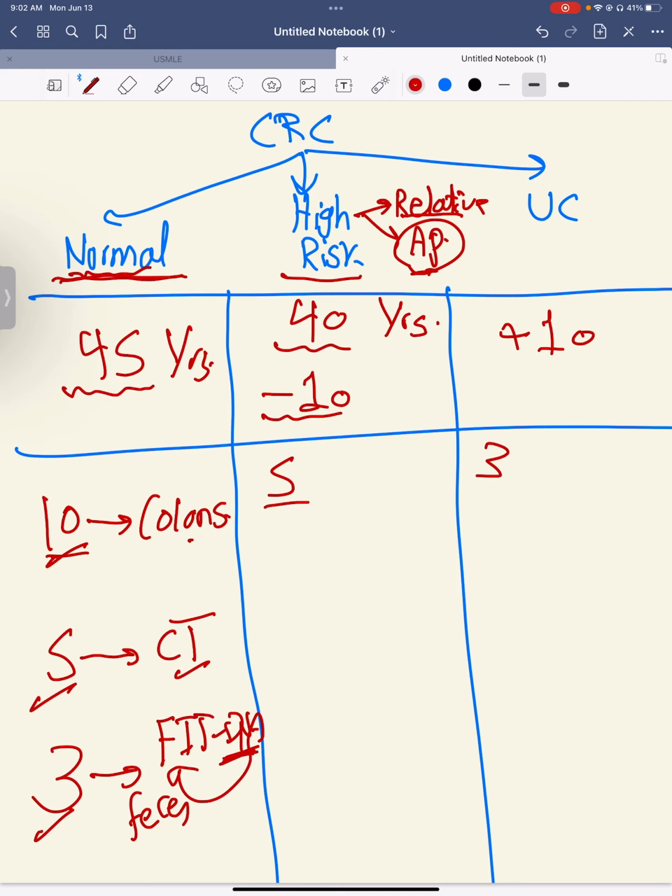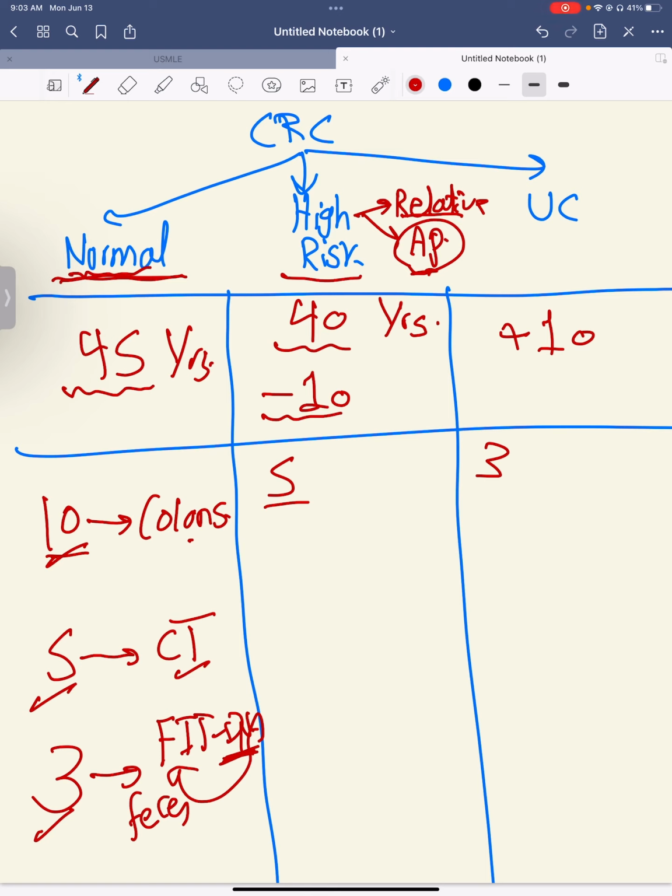So what do I mean by that? I'll give you two examples, and from those you can understand. Let's imagine we have a patient, Peter. Peter's father got colorectal cancer at, let's say, 55.